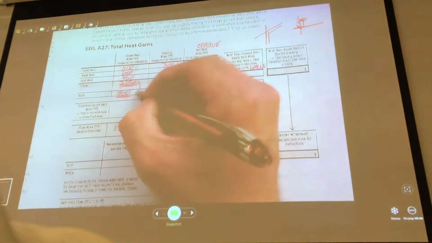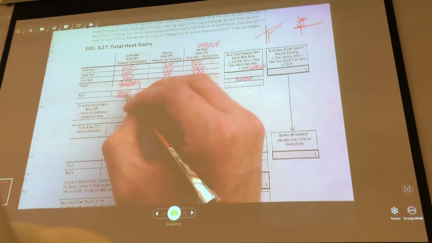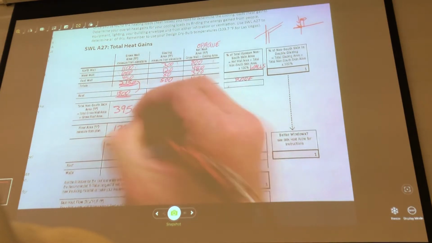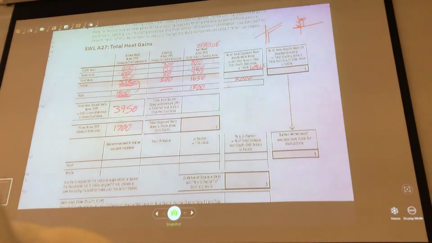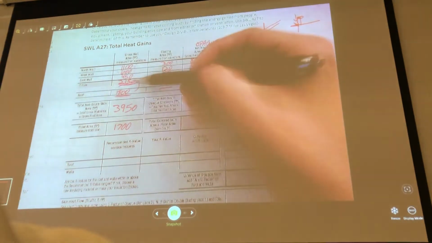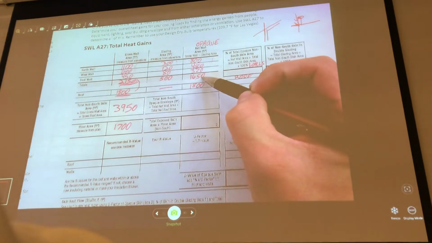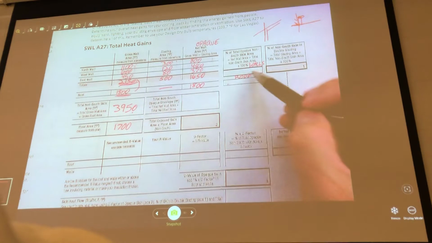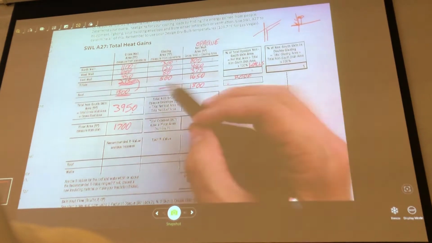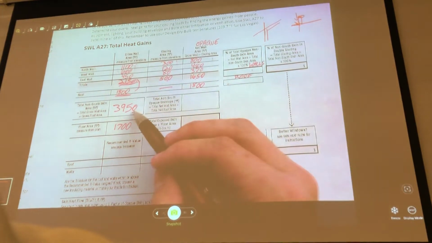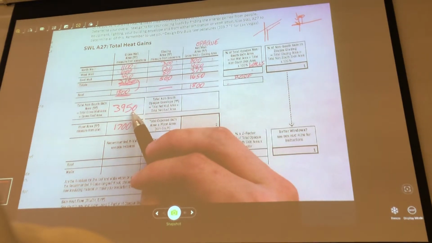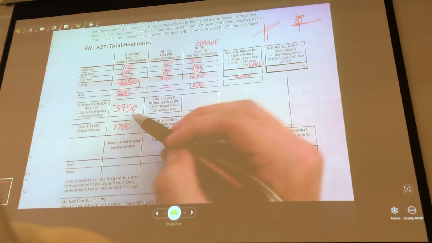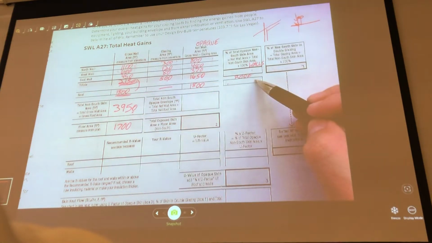If we add the two of these together, 2150 plus 1800 equals 3950 square feet of total non-south area. 1650 of our wall divided by our total non-south area will give us our wall percentage. Our overall window area divided by our total square footage gives us our window percentage. And our roof divided by our total area gives us our roof percentage.